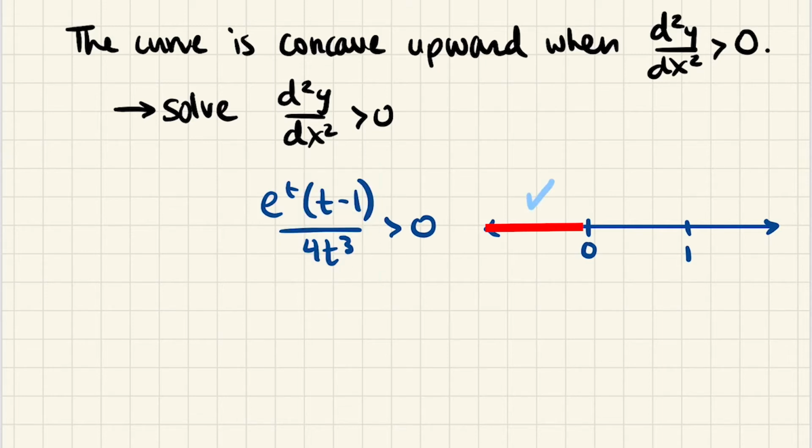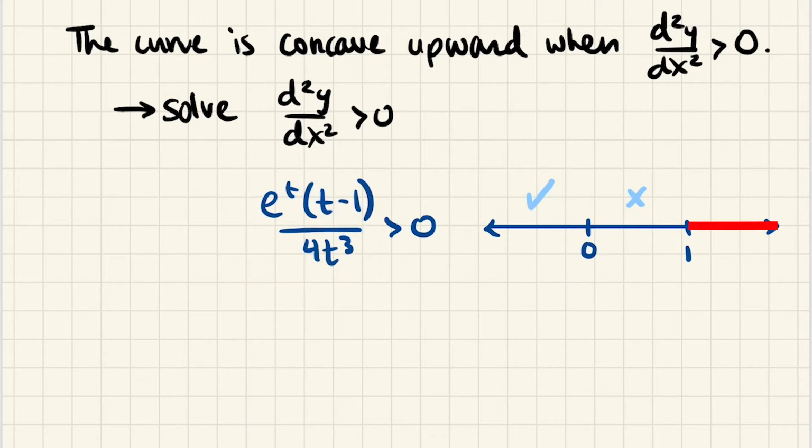So the inequality is satisfied over that interval. Now if we let t be something between 0 and 1, like say 1/2, we plug that in, we're going to get e to the 1/2, which is positive, 1/2 minus 1, which is negative, over 1/2 cubed, etc. That's all positive, so we have negative altogether. So this is not included.